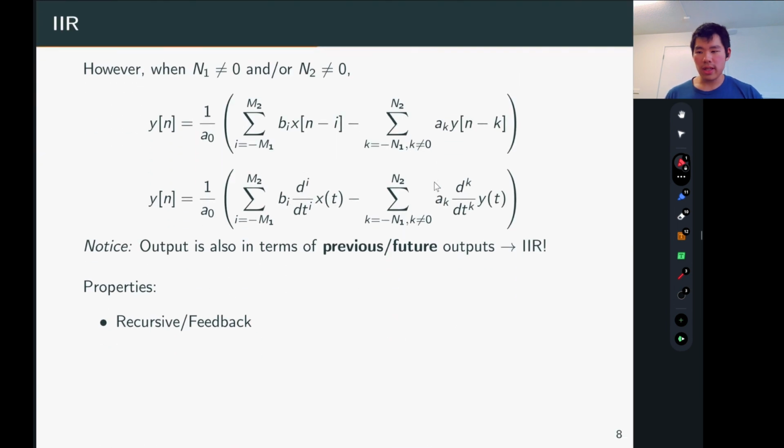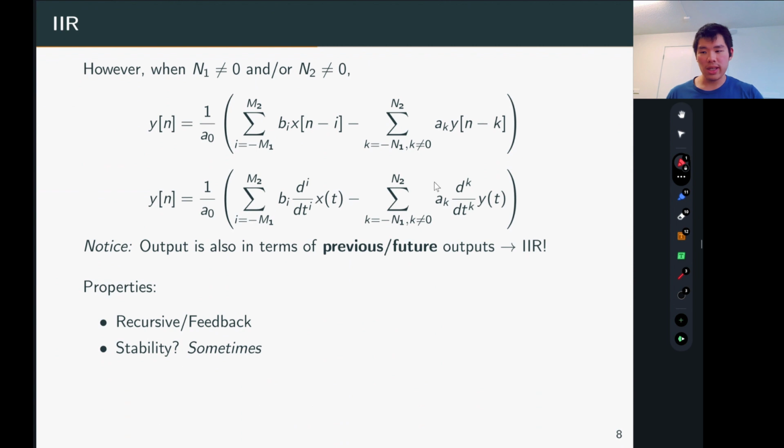And one of the properties of that is that it is recursive, because once we have the output, we put it back as the input, and then we get the output, and then we put it back again. So there's a feedback loop built into the system.